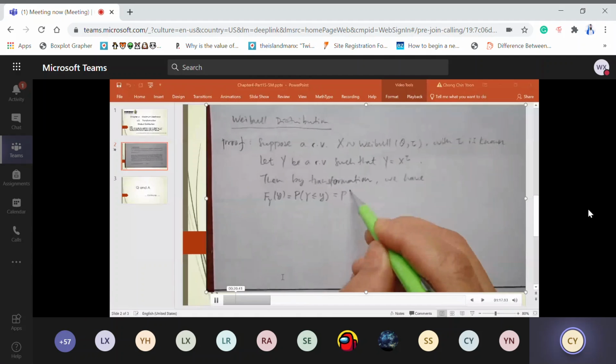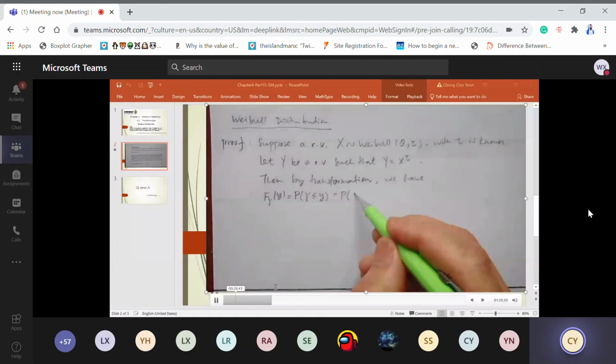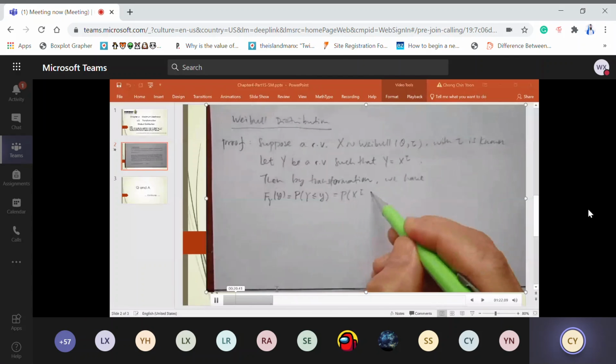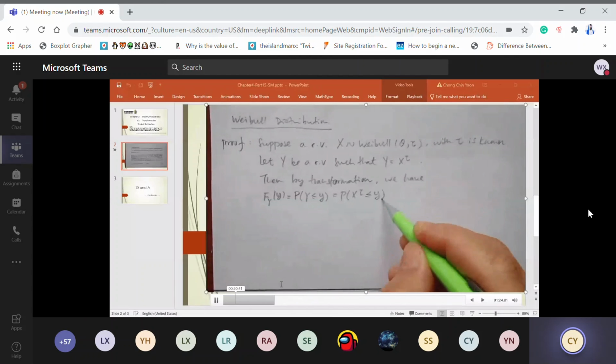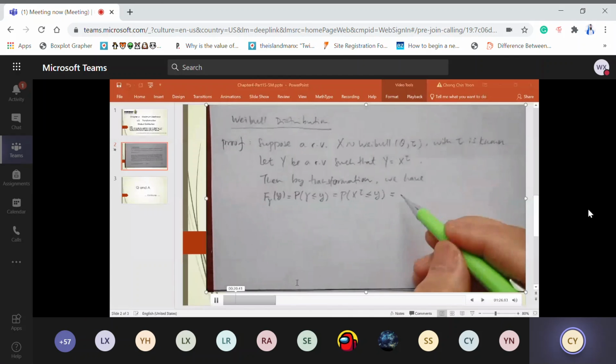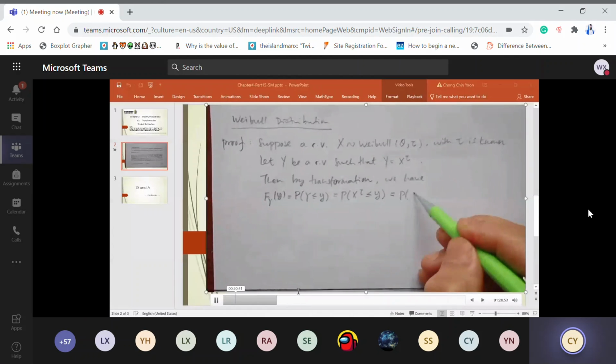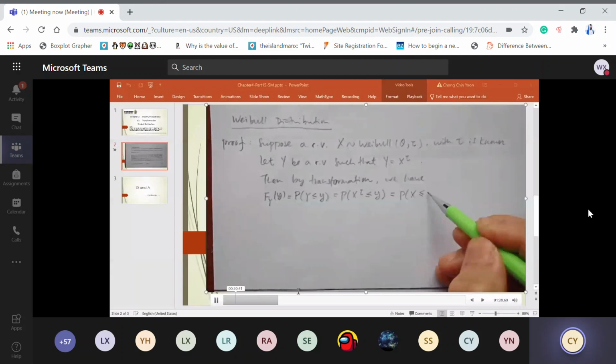And we substitute y as x to the power of tau, which is less than or equal to y. And this will give x less than or equal to y to the power of 1 divided by tau.